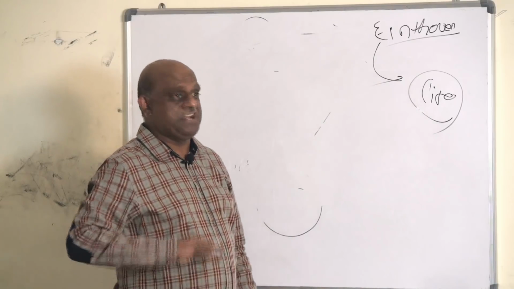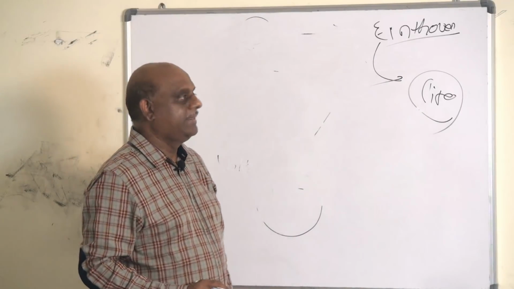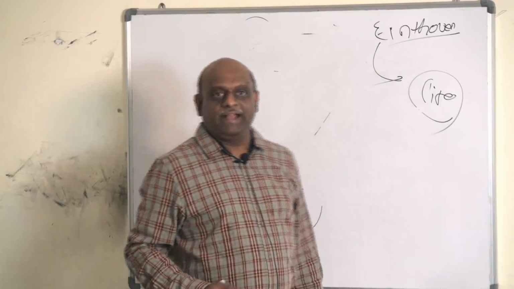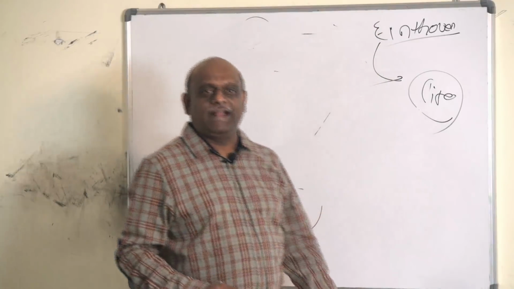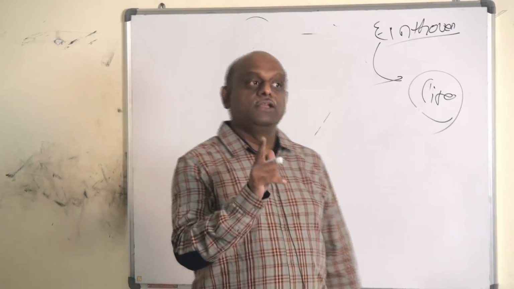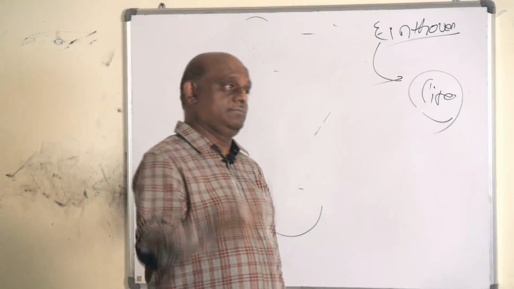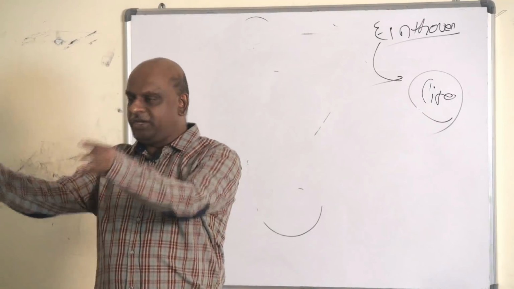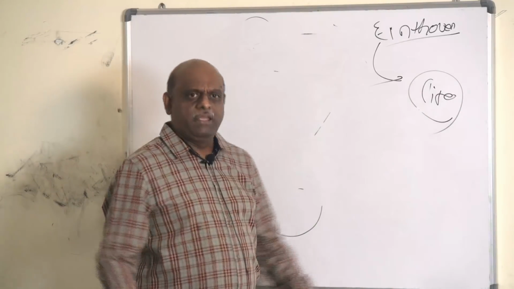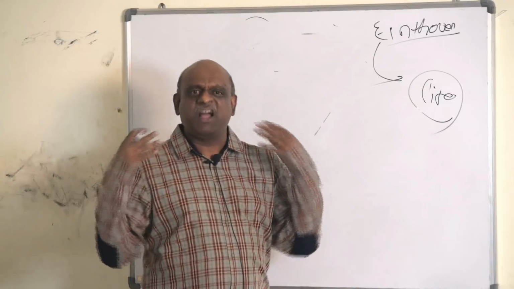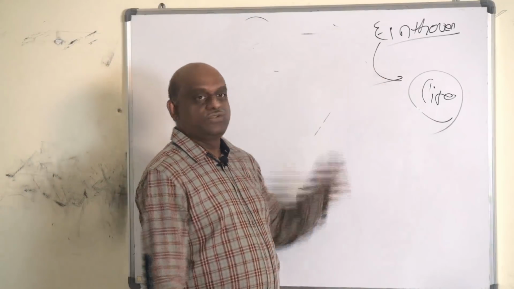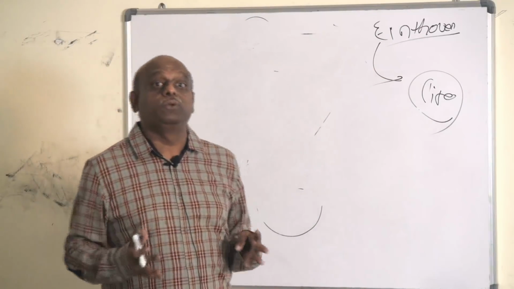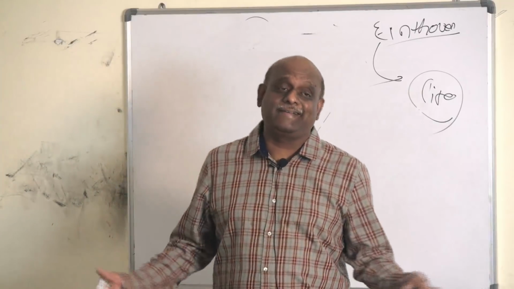Tito's daddy is a very tough guy. He told Einthoven that if you want to marry my daughter Antonino, prove that I have a heart. Your future mother-in-law keeps on blaming me that I'm a heartless guy. So Einthoven was thinking, how can I prove that my father-in-law has a heart?